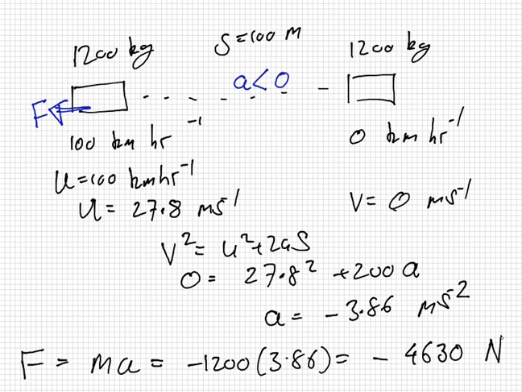True? So, if you multiply a vector by a scalar, is it still a vector? Yes. So, if acceleration is a vector and mass is a scalar, and I multiply them together, it's still a vector. So MA is a vector, and MA equals force. So therefore force is a vector. That's what I was looking for.